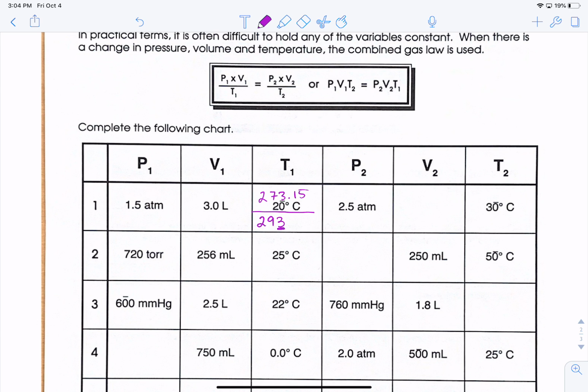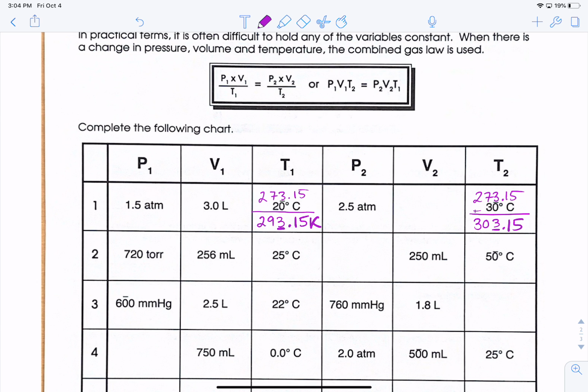And that's the significant place. Why? Because 20 dictates what's the least precise decimal. And the unit is K. And let's go ahead and convert this one as well. 273.15. So that's 303.15.